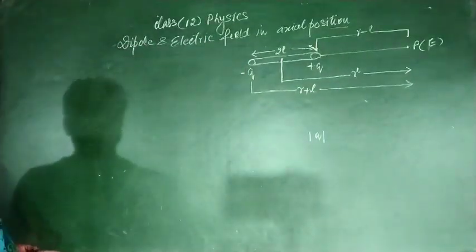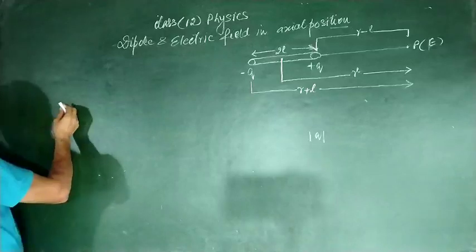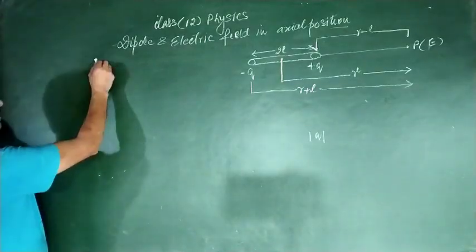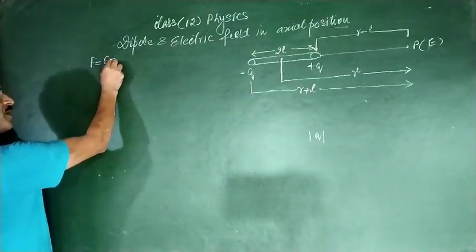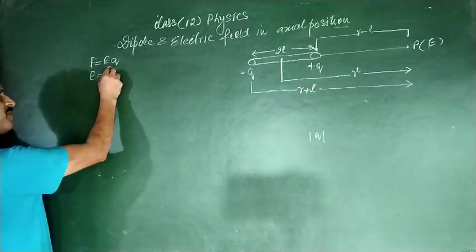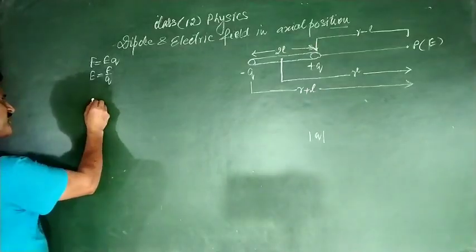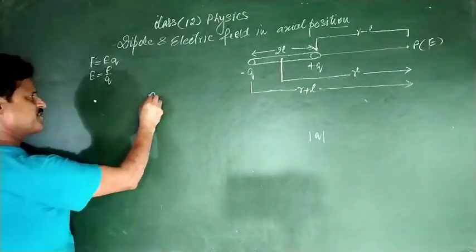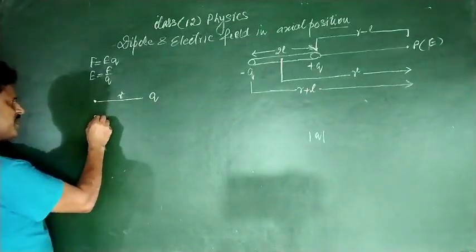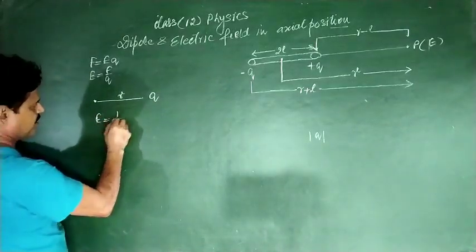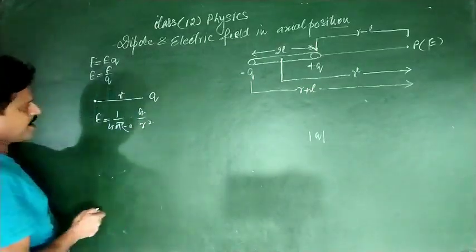We know that the electric field on a certain area bearing force F is E equal to F divided by Q, and at a certain point due to the charge Q at distance R, the electric field intensity is equal to 1 upon 4 pi epsilon 0 Q by R square in air or vacuum medium.